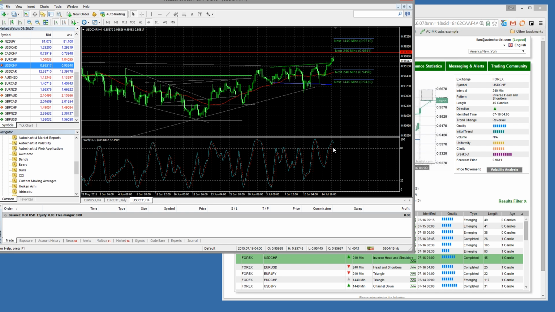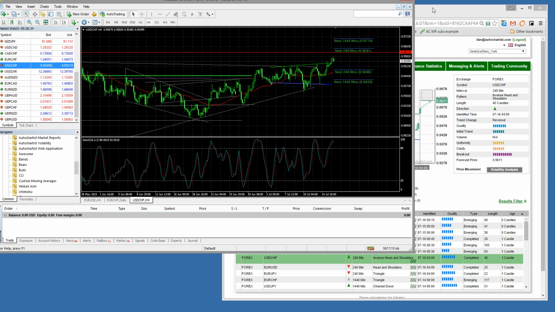The stochastic is obviously more oscillatory than the RSI, but certainly saying the same thing. So you might look at this opportunity and say, I'm expecting a short-term reversal in the bullish trend, and then based on the Autochartist breakout of this resistance level, potentially a strong movement up to the forecast level.